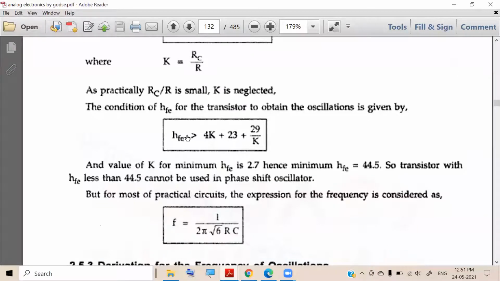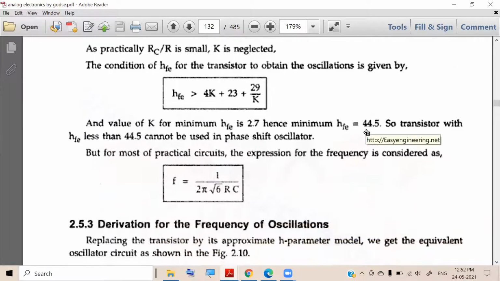hFE now depends on k. By adjusting this k value, we can get a minimum value of hFE as 2.7, and again by adjusting k, the maximum value of hFE will be 44.5.